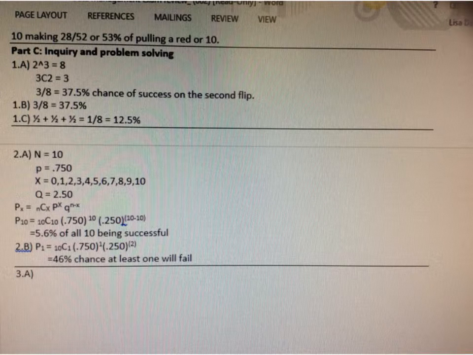Okay. So for part C, for the first one, if you draw a tree diagram for flipping a coin 3 times, there's 8 outcomes, right? And so what they're asking you for is how many of them show a success as the second flip in the 8 outcomes of 3 flips.